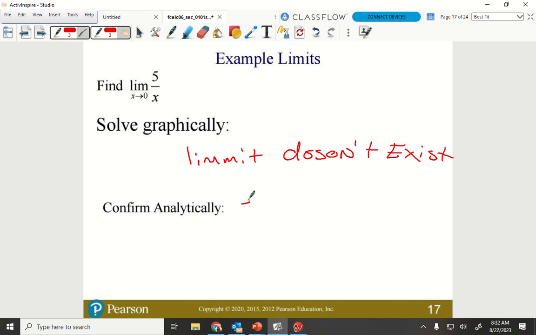So if we plug it in, it's going to be 5 over x, which is 5 over 0, undefined, but that isn't enough. So the left side, if I was going to do this, I would say, let's see, 5 over negative 1 would be negative 5. Okay, let's try the right side. So 5 over positive 1 would give me positive 5.